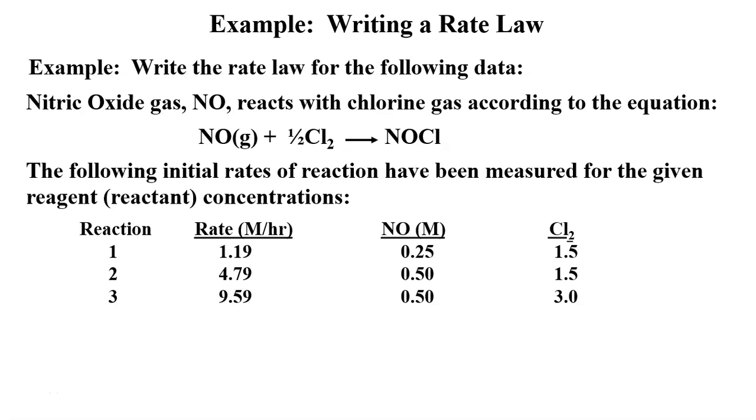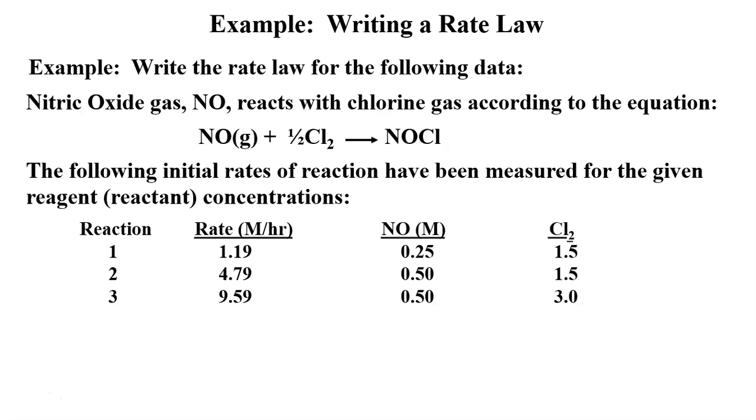Now we do the experiment a second time and we change the concentrations. So now we have twice as much NO, we have 0.5 molar, and we have the same amount of Cl2, 1.5. When we change those concentrations, we find that the reaction rate is 4.79 molar per hour. That's how fast the reaction is taking place.